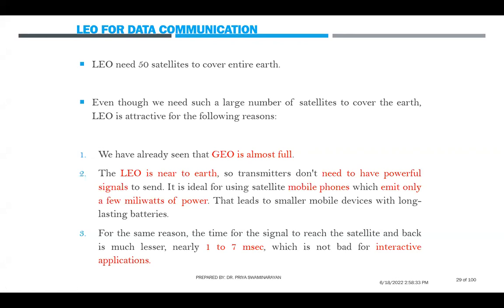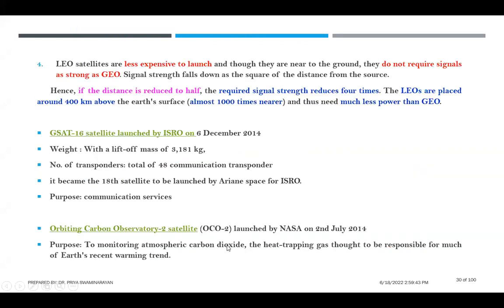Whenever we want to perform any real-time applications, this is the most suitable solution for communication purposes. Now, LEO is also less expensive. We can easily launch LEO compared to GEO. So these are a few reasons why LEO is also in demand compared to GEO.